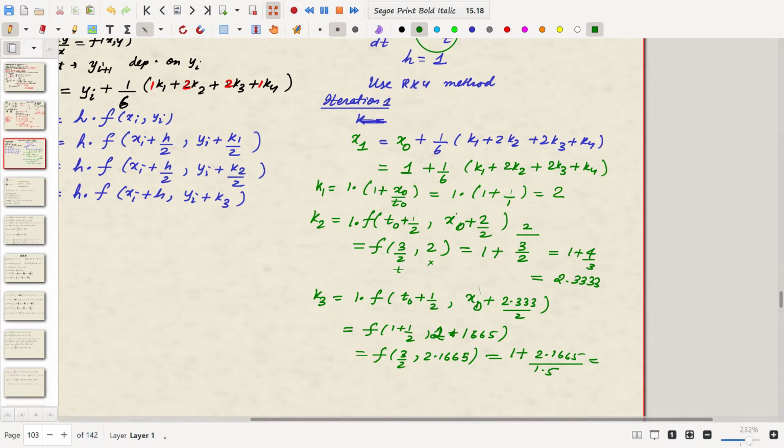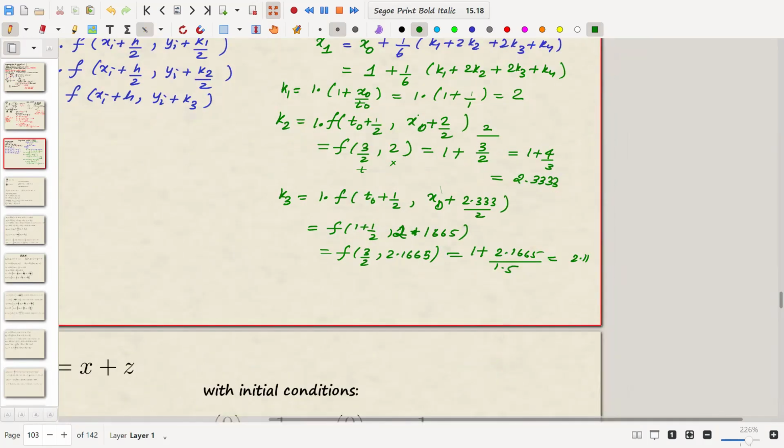Calculator. Keeping the calculator in the bag, and then you are thinking you will solve RK4? 2.11. Okay, what is K4?